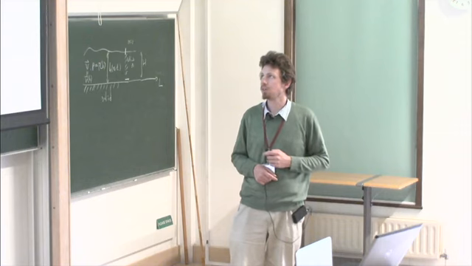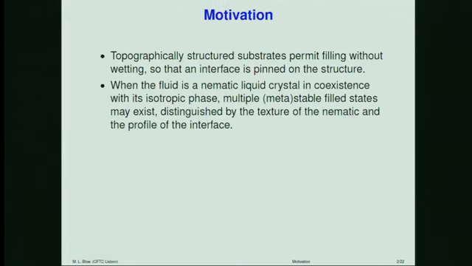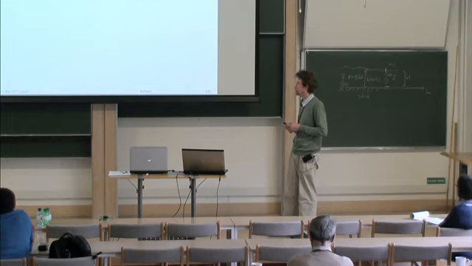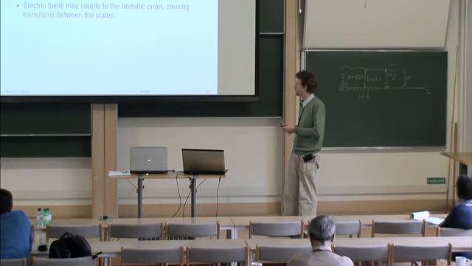Now, when this fluid is a nematic liquid crystal in coexistence with its isotropic phase, then the nematic order allows for multiple metastable states to exist, distinguished by the texture of the nematic and the profile that the interface makes.